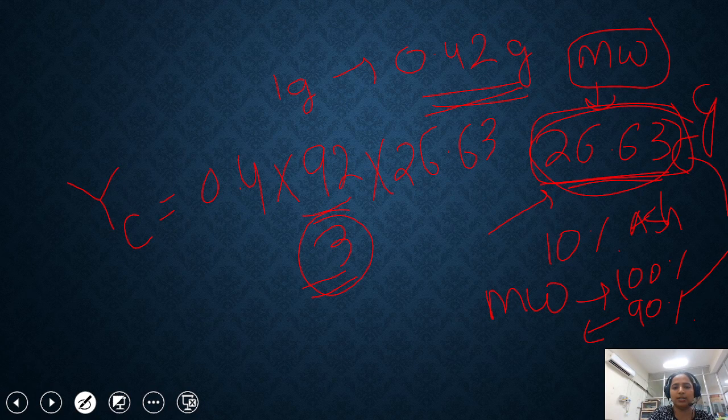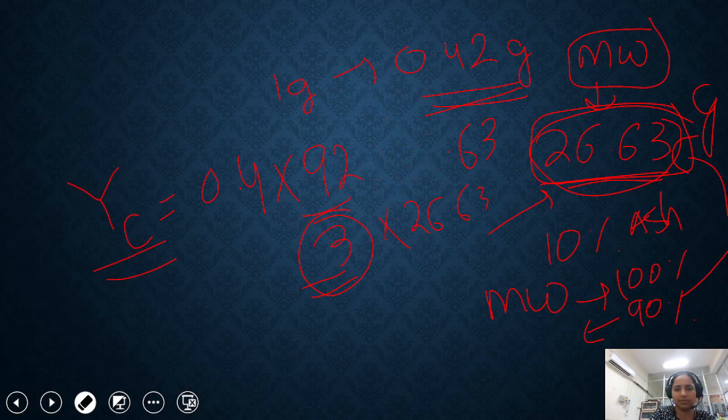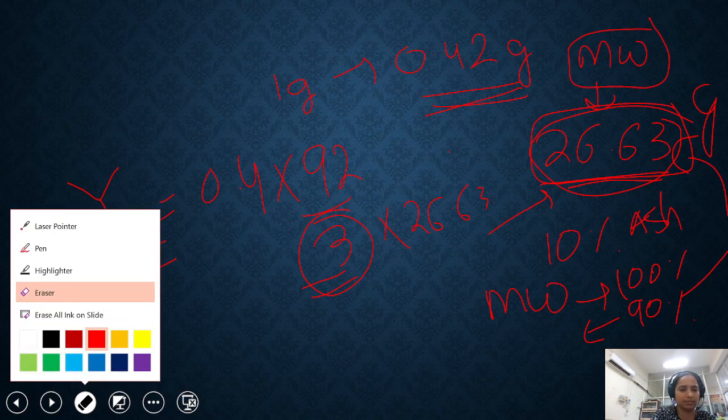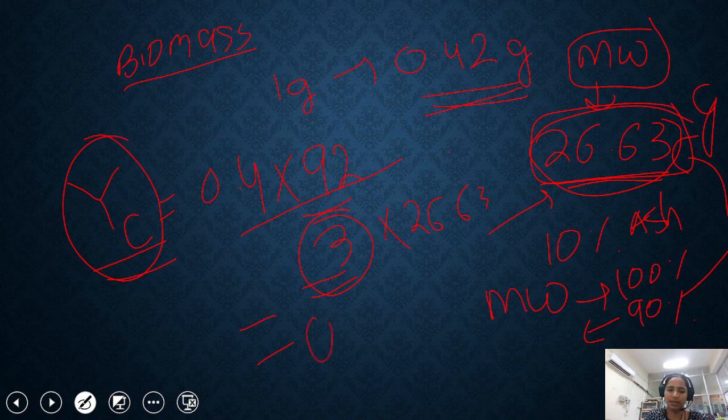Because we are finding the mole, it will come in the denominator, 26.63. This will help you in finding the stoichiometric coefficient of this biomass that is producing. So when you solve this, it will come around 0.46. So this is the value of YC.